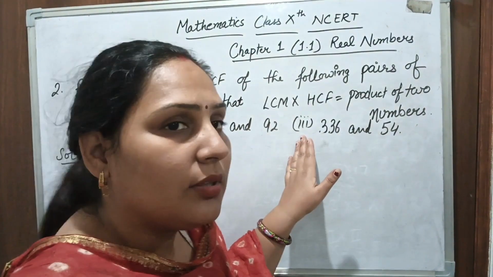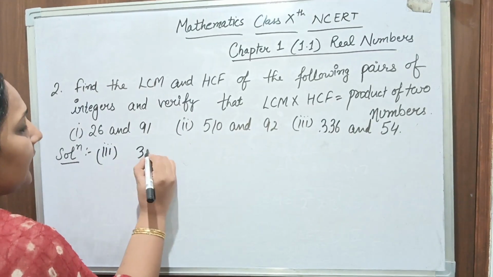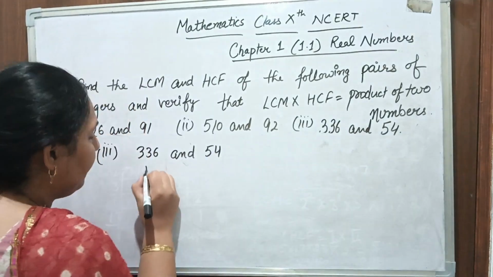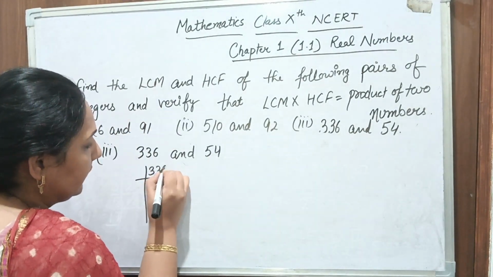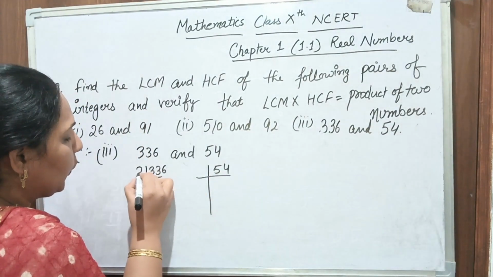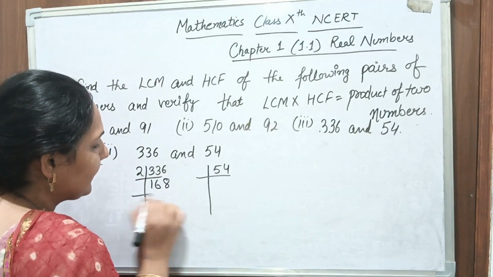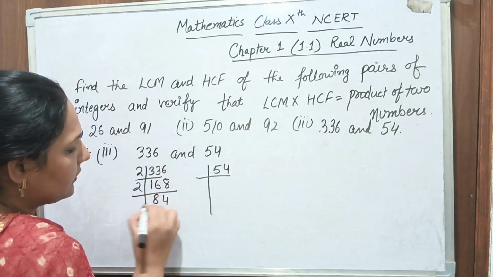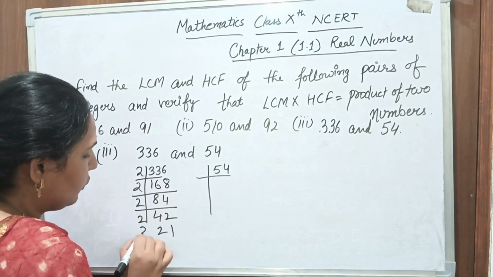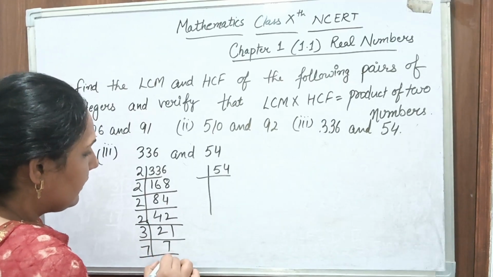Now we will do part number 3. Here our numbers are 336 and 54. Same as before, find out their prime factors. 336: 2 ones are 2, 2 sixes are 12, 2 eights are 16, 2 eights are 16, 2 fours are 8, 2 twos are 4, 2 ones are 2, 3 sevens are 21, 7 ones are 7.